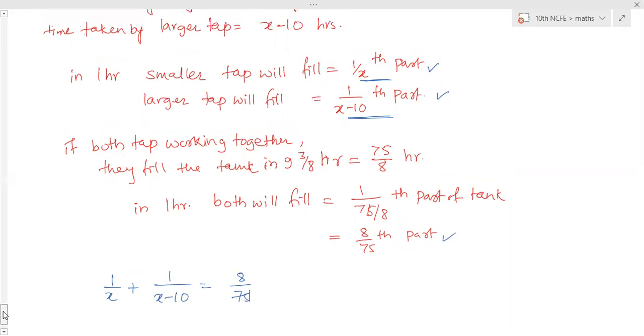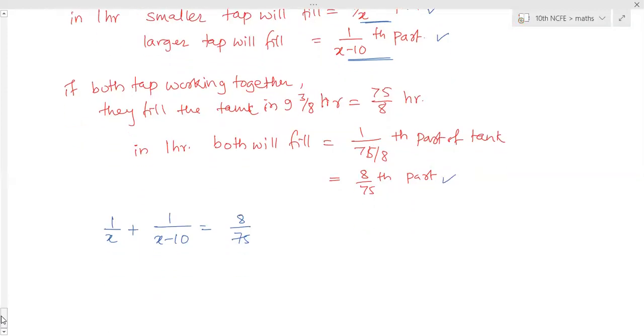Clear? So we have to solve this. Ma'am, so this is the value per hour, right? Yeah, per hour values. So this is 1 by x minus 10 plus 1 by x, LCM x square minus 10x, is equal to 8 by 75.